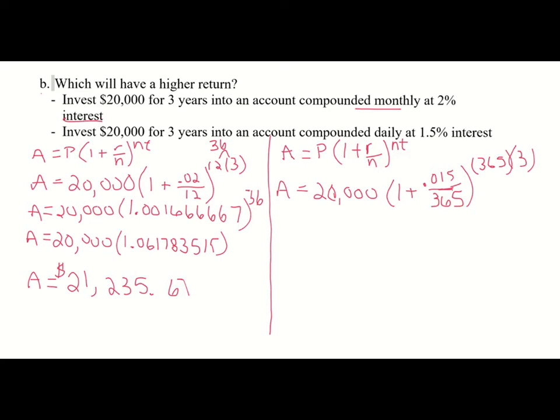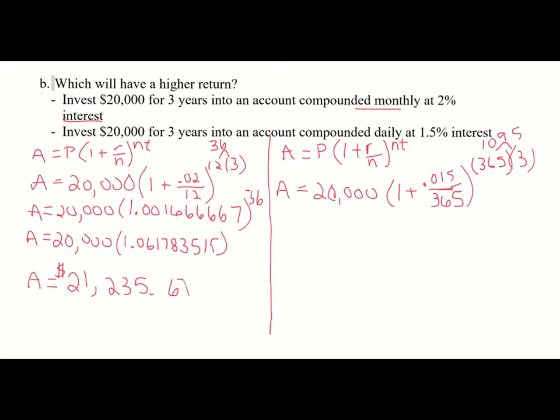Let's look at part B. We're going to invest $20,000. For my exponent, we have 365 times 3. So that gives me an exponent of 1,095. It's crazy.